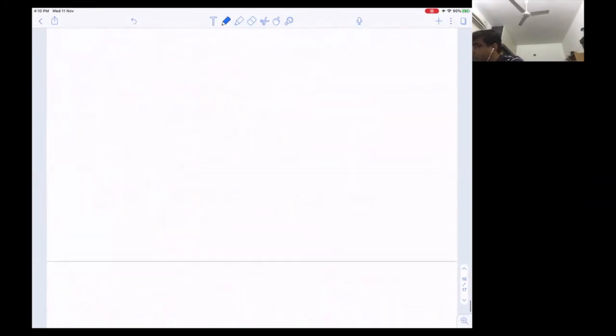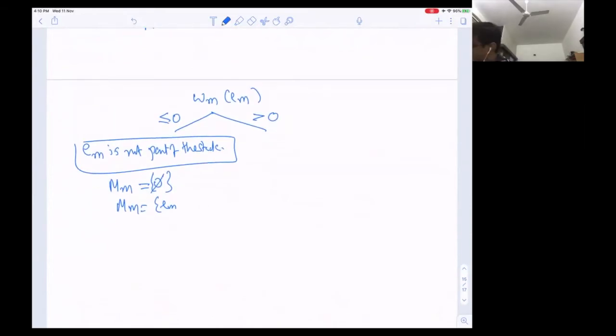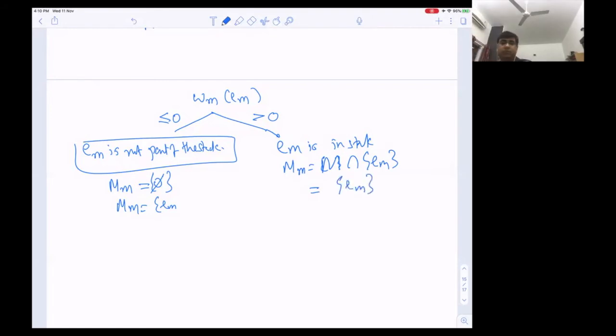Okay. So now let's just do this case first. This is slightly easier. Now, what can you say if the weight of Em is greater than 0? First of all, Em is in the stack. And what is Mm? Recall, M intersection Em. I claim this is equal to Em. Do you see why?